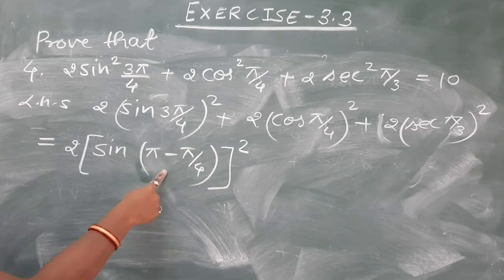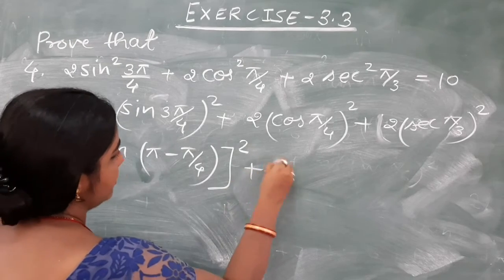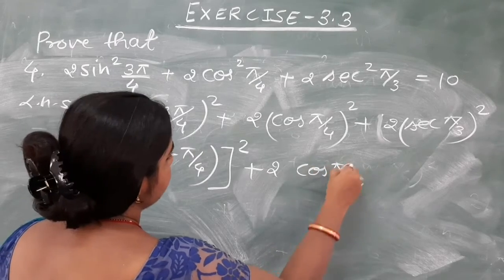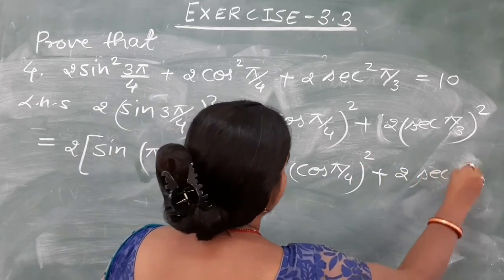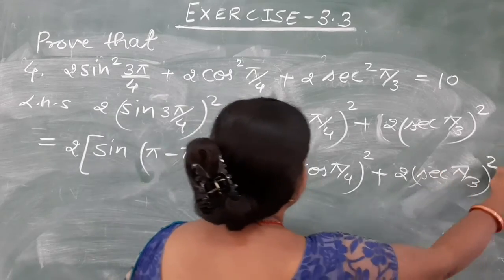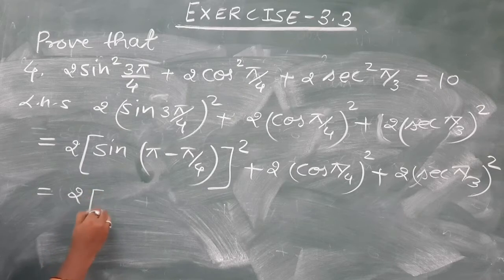And this is in second quadrant. In second quadrant, sin is positive. So I can write it as sin of pi minus theta, that is sin theta.